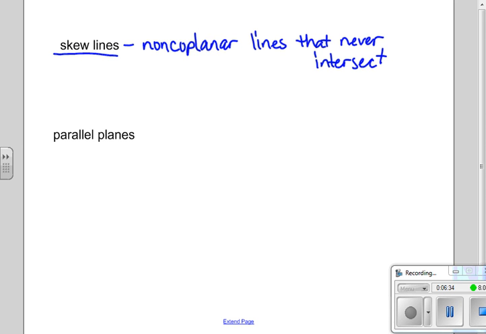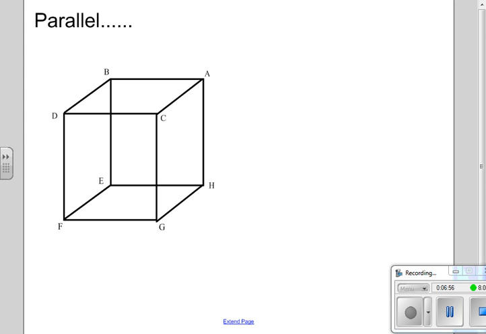But then parallel planes are going to be planes that never intersect. And for that, most people think of if you had like a box, the top and the bottom, or the front and the back, or the left and the right as being parallel planes.